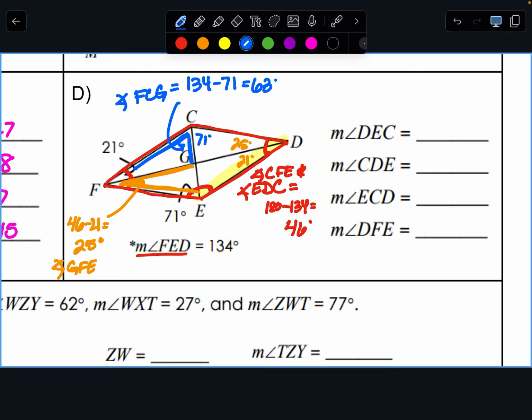So this is 63, which means this is 63. So now I found all the angles in the shape just by either subtracting from 180 or subtracting from the other half of the angle that's there. Now I have to just make sure I can identify DEC. So DEC is right here. That is 63.